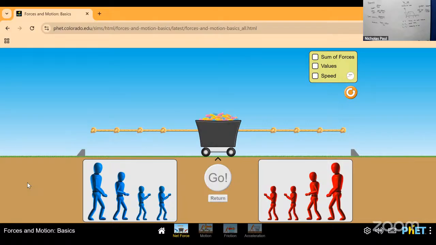All right, so before we look at Newton's laws, let's see if we understand what happened here in all these simulations. Online, you'll see this simulation.